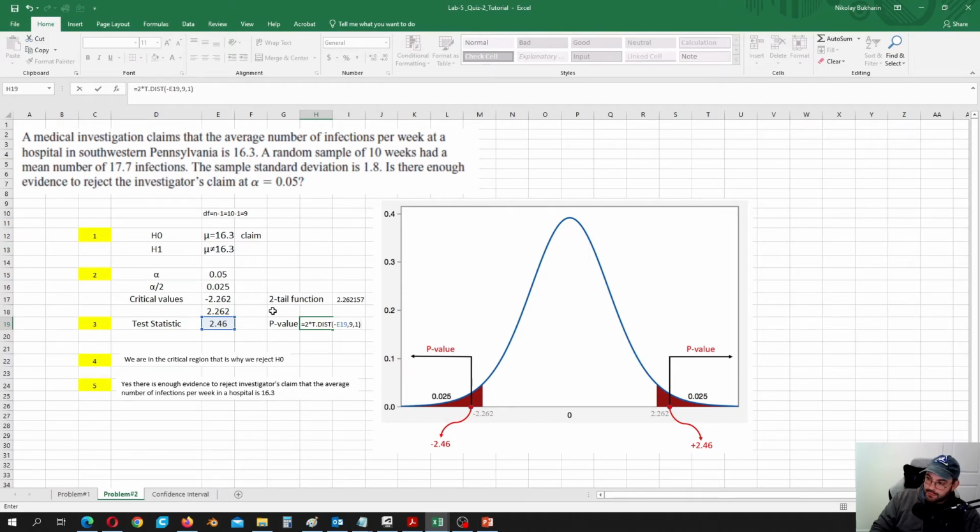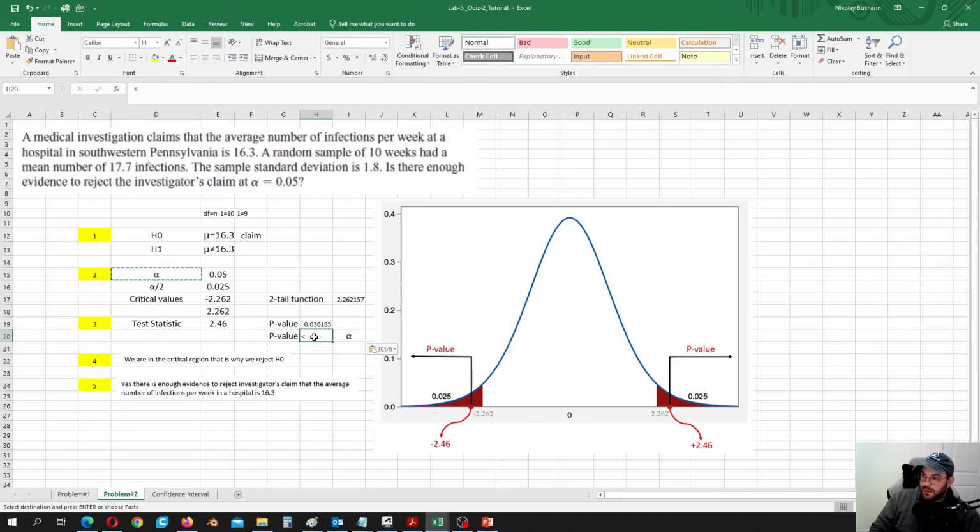That is going to give us the p-value. We go for it, and as you can see, in this case our p-value is 0.0361, and our significance level is 0.05.